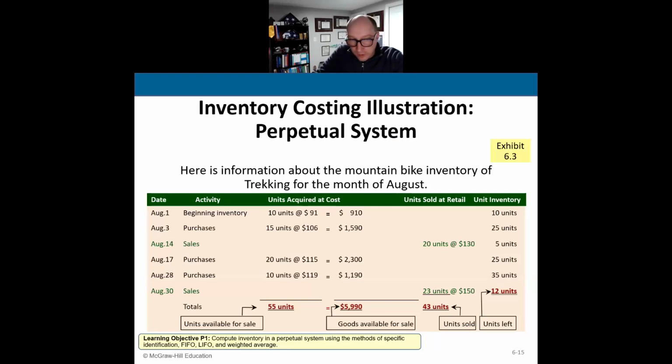We sold a total of 43 mountain bikes in the month of August, and at the end of August, we have 12 bikes left. So now that we know what the data is, let's take a look at the 4 inventory cost methods to get a better understanding of how it all works side by side.